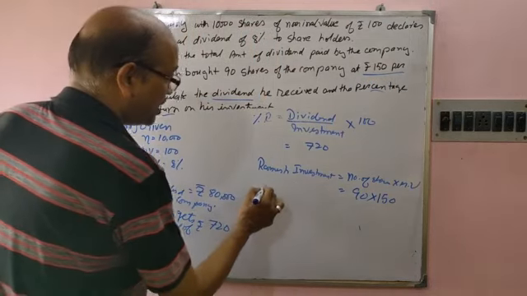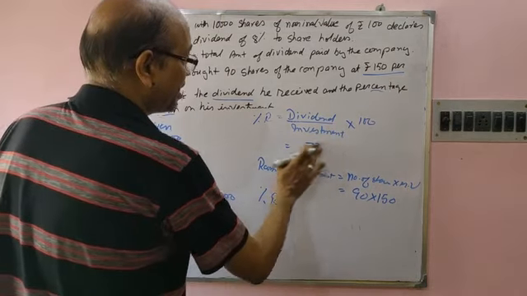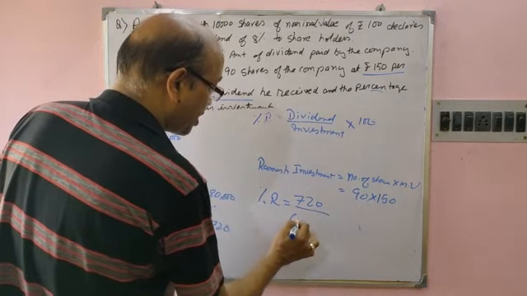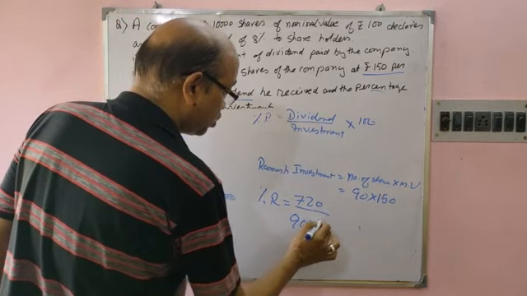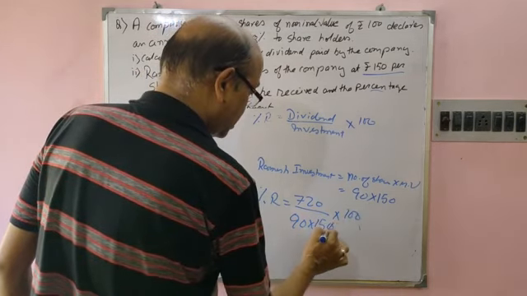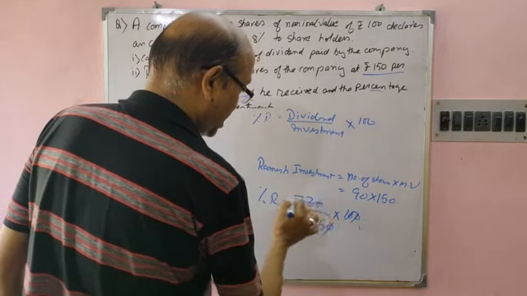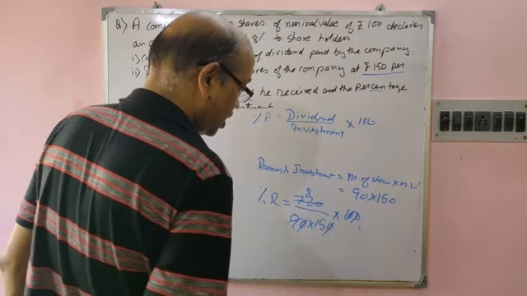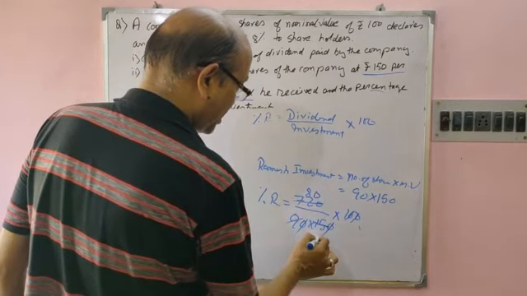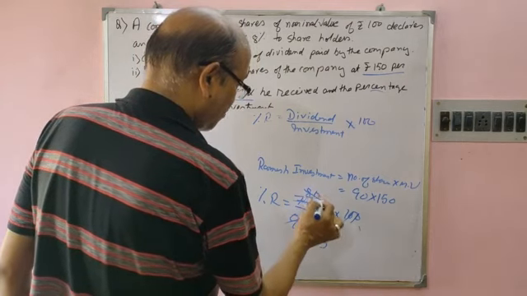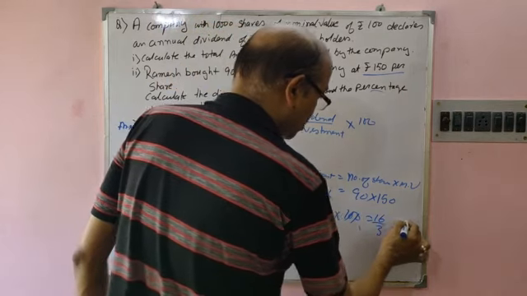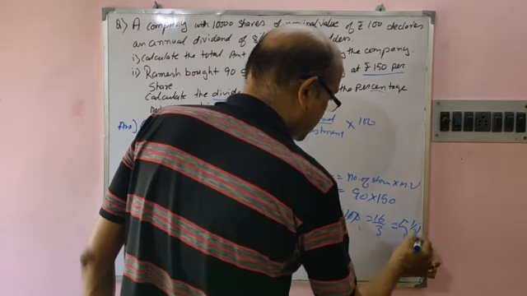Yes. Then percentage return is dividend, that means 720 by investment. Investment was 90 into 150 into 100. 9 8s are 72, 5 3s, 5 16s is 16 by 3, which is 5 1 by 3%.